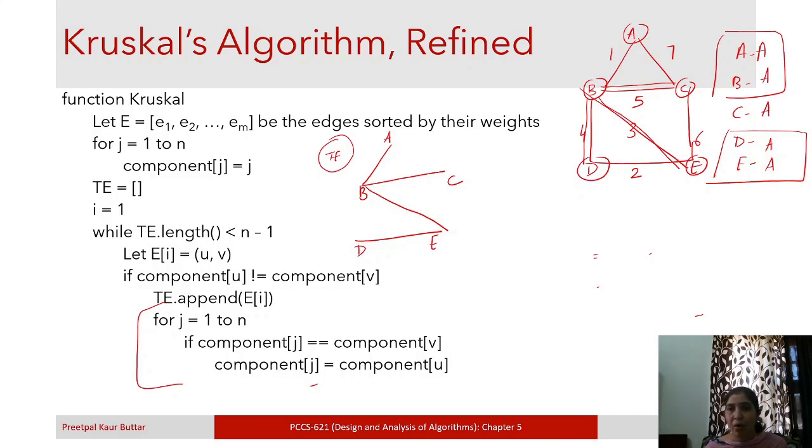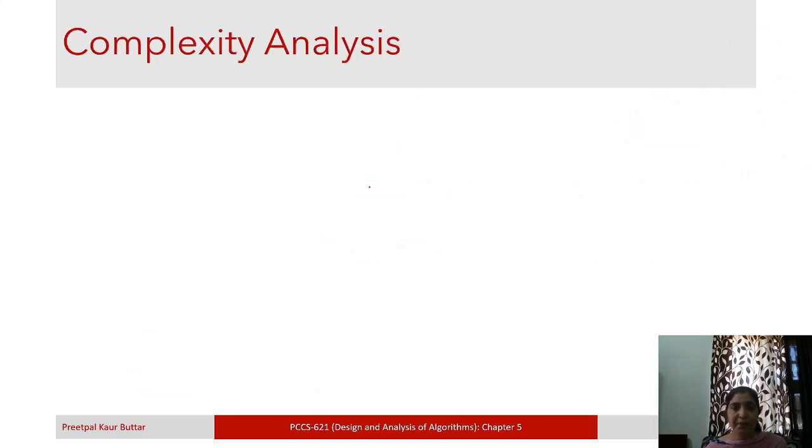So now all the nodes, they belong to the same component, and if we try to pick any other edge, it will not be added because now c and e, they are belonging to the same component, so this edge will not be added. Similarly a and c, if we try to pick it, a and c also belong to the same component, so this will also not be added, right? So this is how this Kruskal's algorithm works.